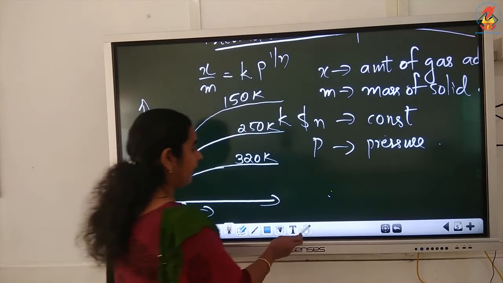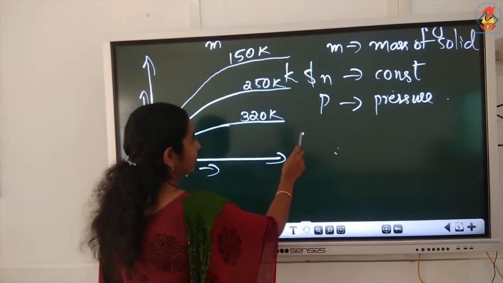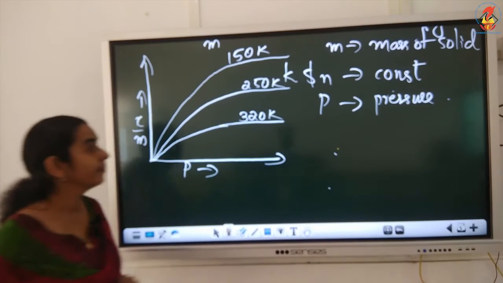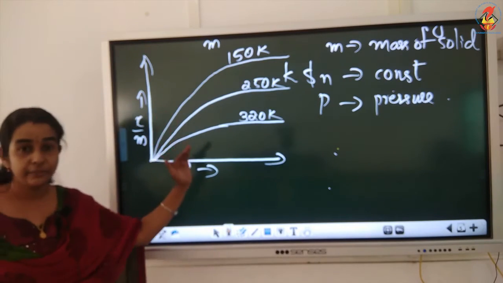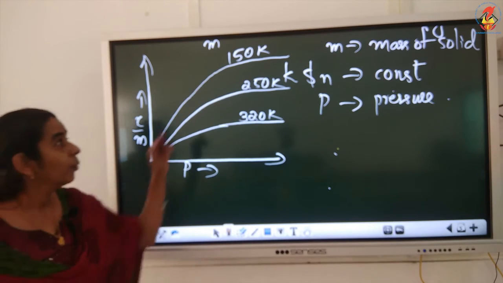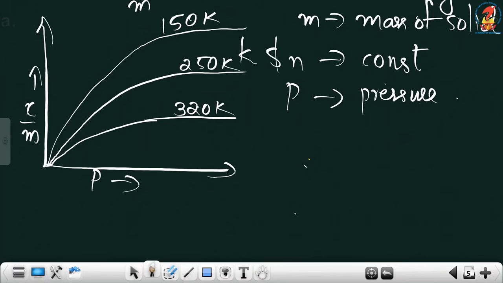Now, what are the main observations from this graph? Here I have drawn three adsorption isotherms: one at 150 Kelvin, the other at 250 Kelvin, and the other at a higher temperature, 320 Kelvin.